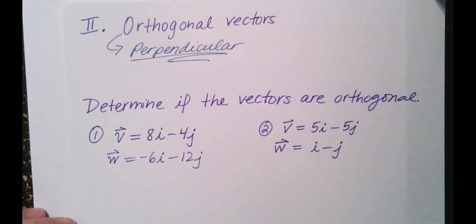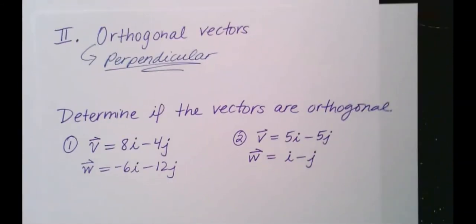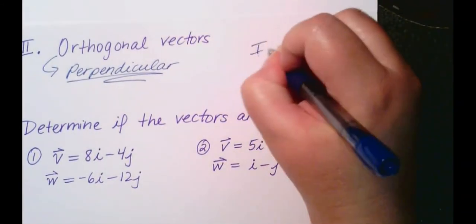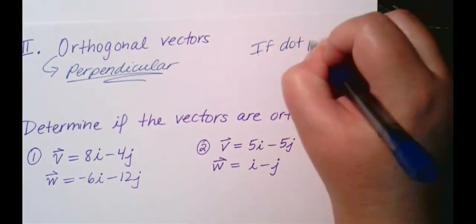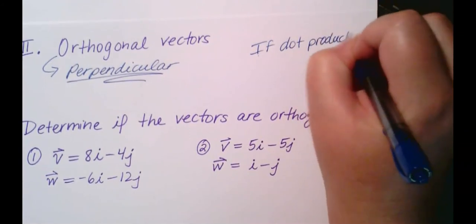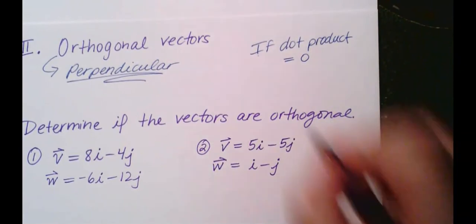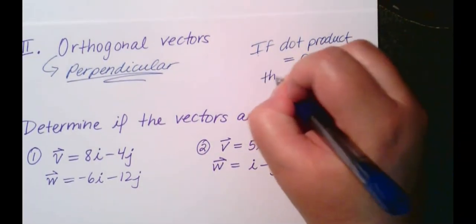So now here's the cool thing. Determining whether or not vectors are orthogonal is a very simple process. It uses the dot product, and basically, if the dot product is equal to 0, then the vectors are orthogonal.